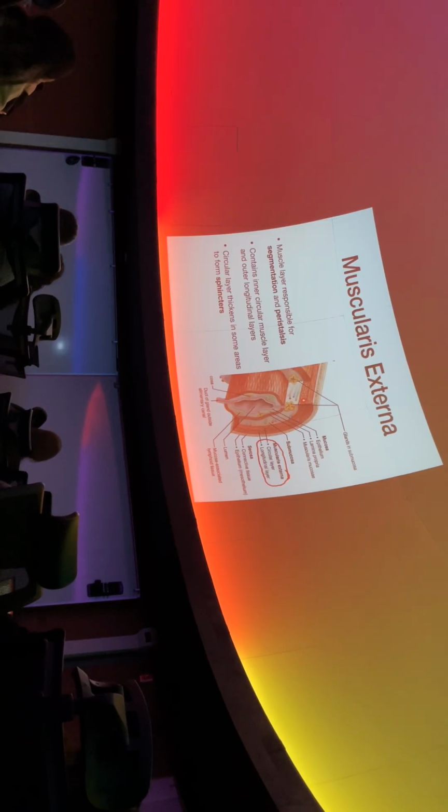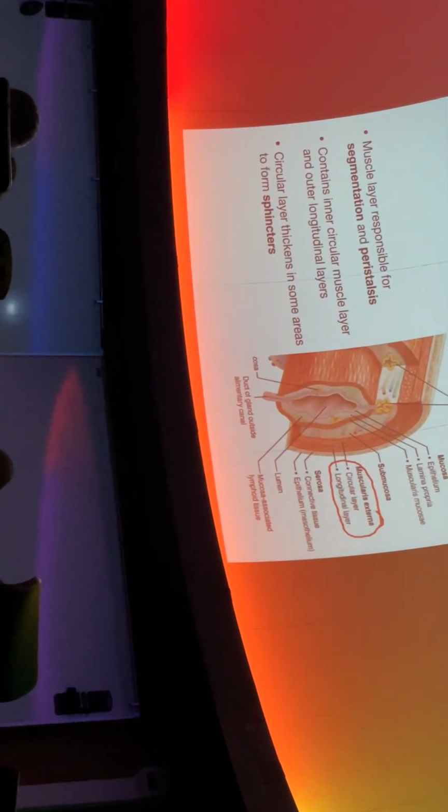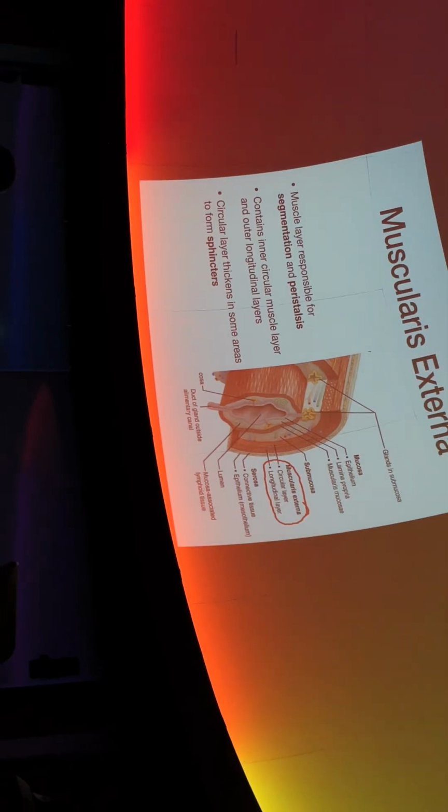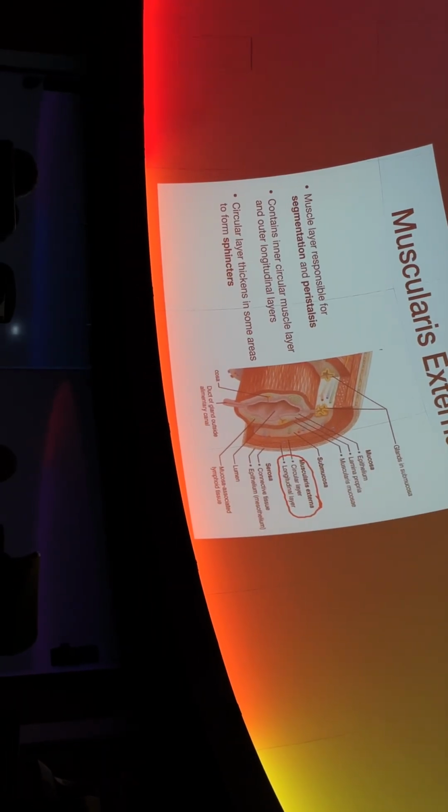The superficial longitudinal layer runs at a 90-degree angle to the circular layer. The longitudinal layer is responsible for shortening, and when it relaxes, lengthening the alimentary tube. In combination, both layers allow peristalsis and segmentation to occur.